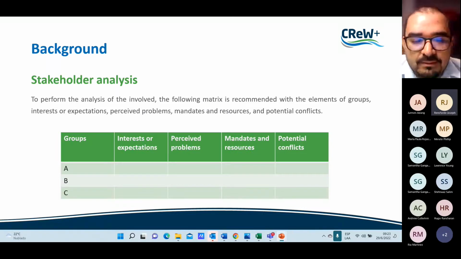Also, the perceived problems related to each of the groups, mandate and resources. In this case, we're talking about some formal aspects. For example, if we are dealing with a government, then there are laws, there are other normative that is important to have there.